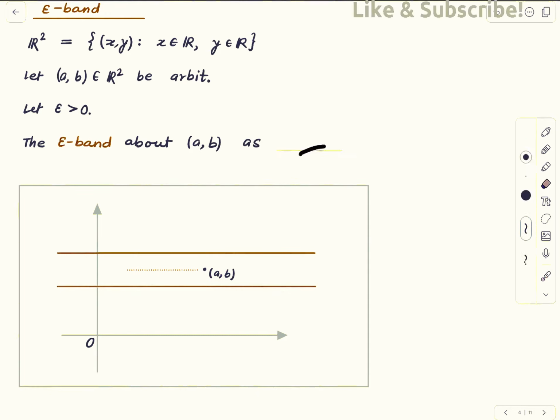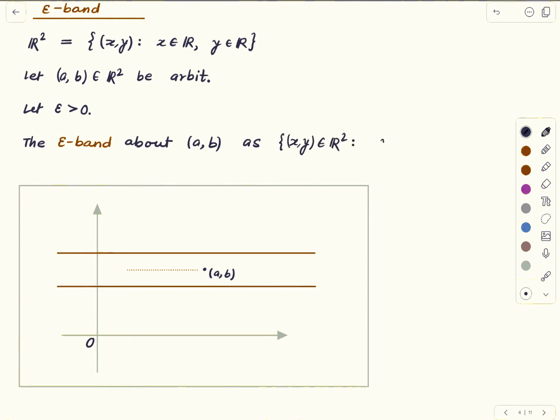Formally, how do we write it down? It is nothing but this set: all the points (x, y) in the plane such that the distance of y from b is strictly less than epsilon. That's precisely what we just said in words.